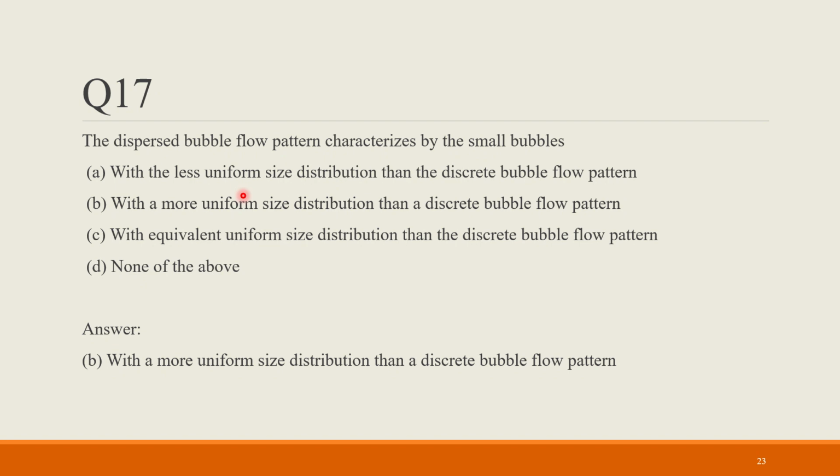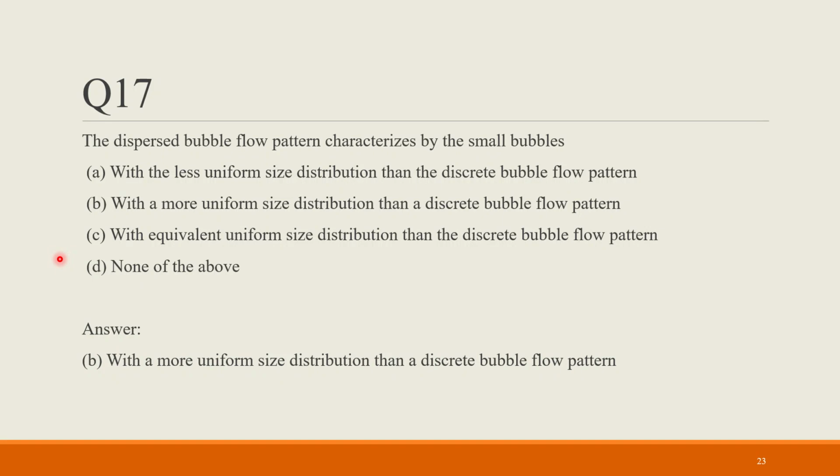The dispersed bubble flow pattern is characterized by small bubbles with: less uniform size distribution than a discrete bubble flow pattern, more uniform size distribution than a discrete bubble flow pattern, uniform size distribution, none of the above. What happens is that when the bubbles are distinct, as in discrete bubble phase flows, each bubble would be of different size. That is, one would be larger, one would be smaller.